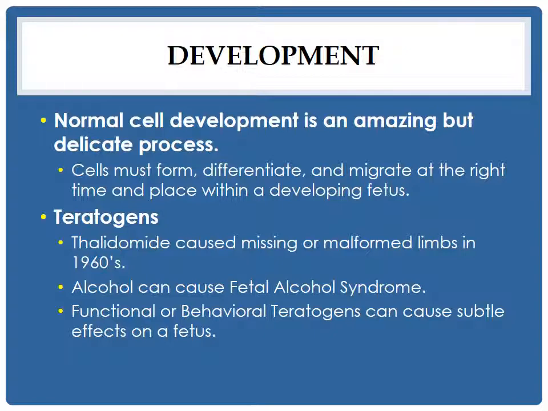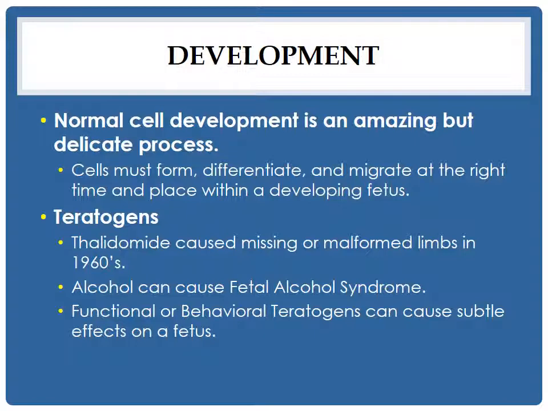That just means to become nerve cells or heart cells or muscle cells or skin cells, whatever. For cells to migrate to where they need to go. For a neuron, axons need to be projected and then need to form synapses with other neurons. And so all of that takes specific signaling. It's very delicate, and any chemicals that the mother ingests can disrupt the proper development of the fetus.